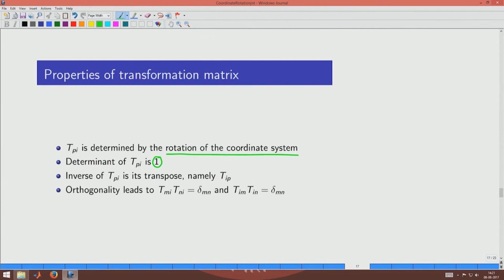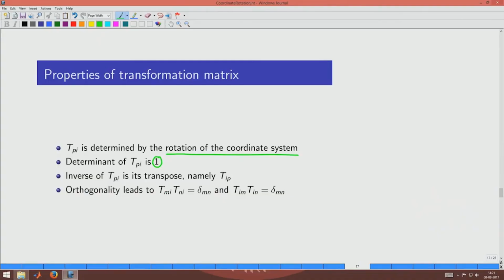The unit cell is not expanding or contracting, the unit cell is of the same volume, we are only rotating the coordinate axes. So, because of that the determinant of T will be 1, and the inverse is the same as its transpose. Okay, we have come across that already, and orthogonality leads to these two relationships. So, these are the four aspects of the transformation matrix, to summarize what we have done till now. So, now we are going to use these to make some more analysis.